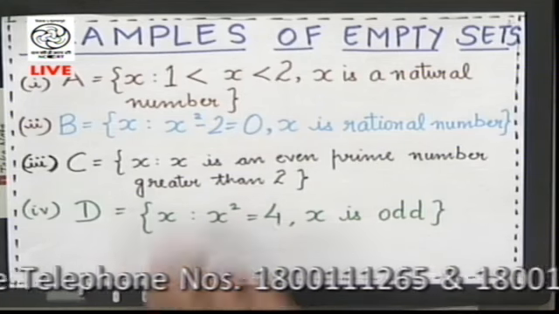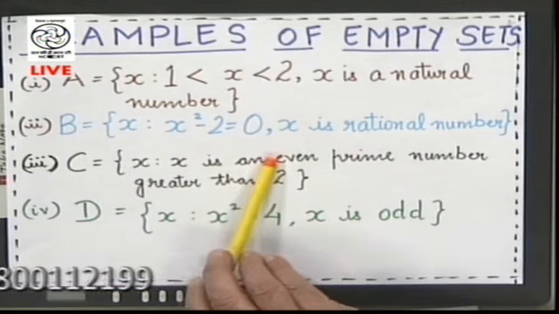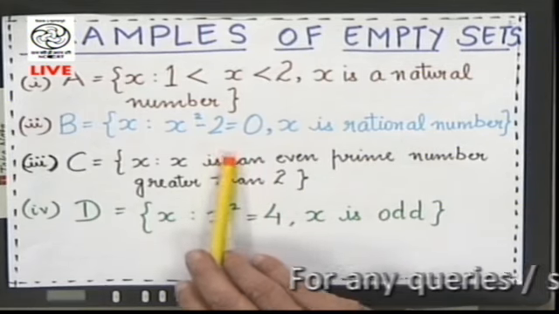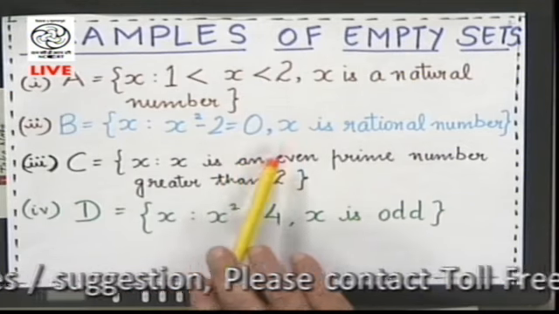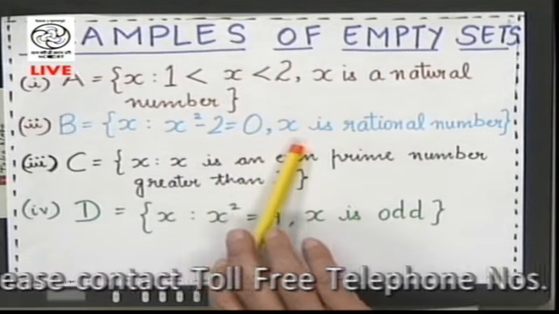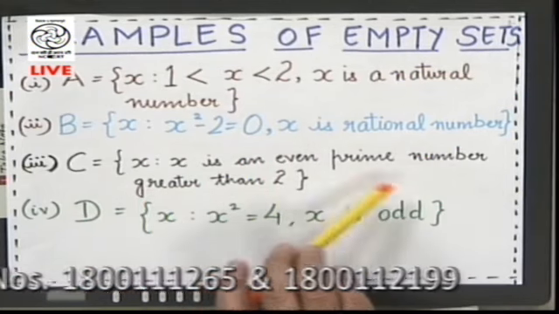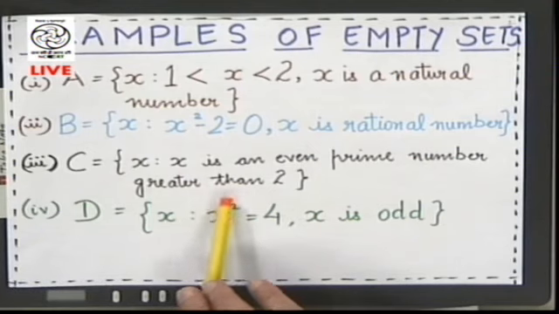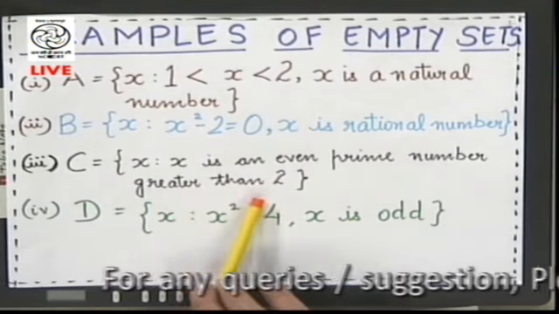Another set is B, the set of x such that x squared minus 2 is equal to 0, x is a rational number. If we simplify this equation we get x equal to plus minus root 2, which is not rational. Therefore this set is also empty. Third example: x such that x is an even prime number greater than 2. The smallest prime, and the only even prime, is 2, so in this case also we get the empty set.